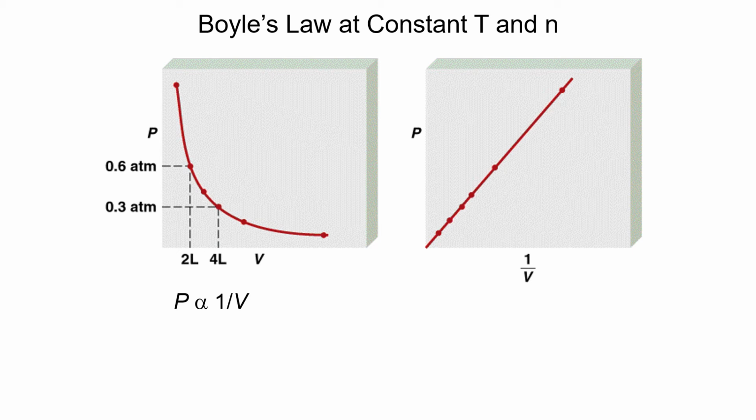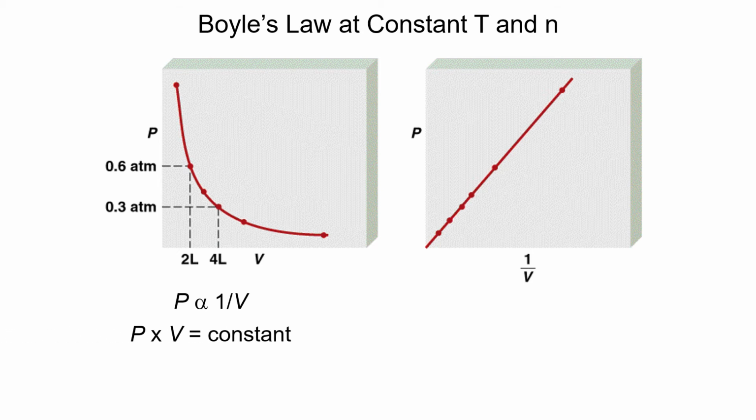This is the actual graph, but so this is pressure versus volume, we see that decrease, but we also have a curved line here. If we plot the inverse, we get this nice straight line. So this indicates there is an inverse relationship between pressure and volume.